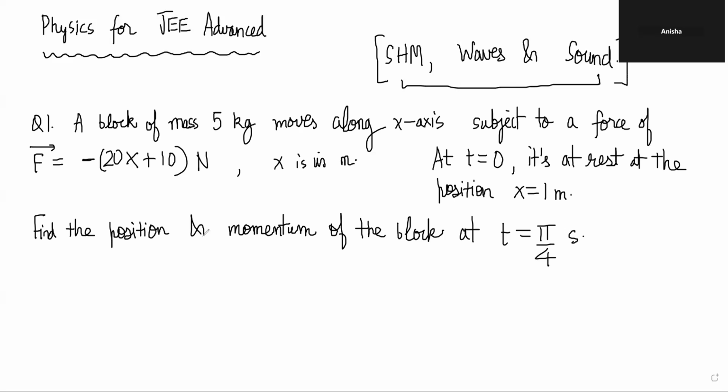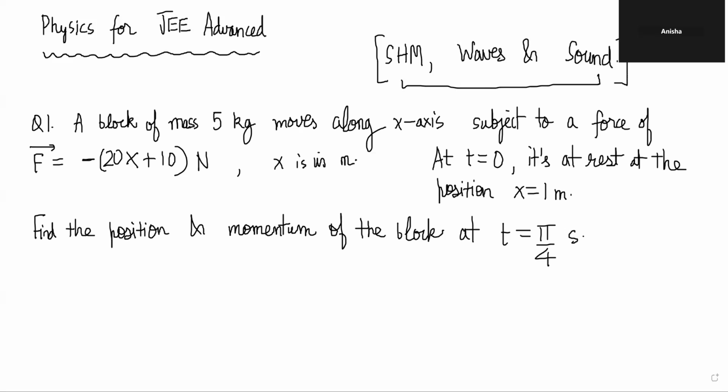You have to use your knowledge of SHM to try to figure it out. Don't try to do it by some brute force method. So in SHM, what do you have? F is equal to minus kx, right?